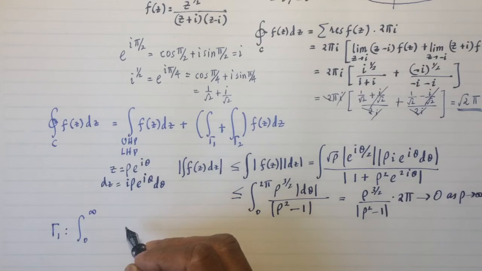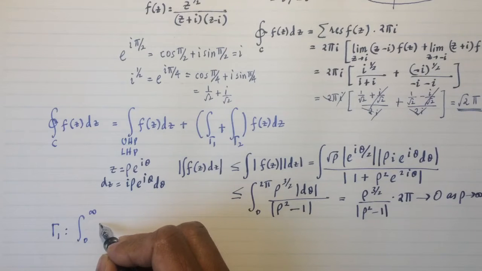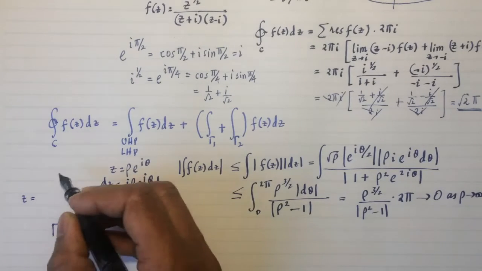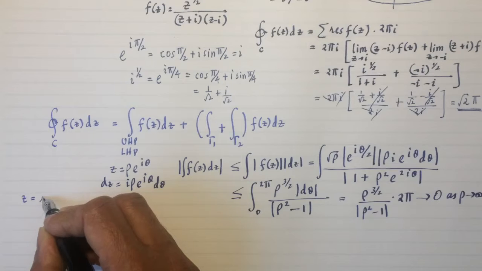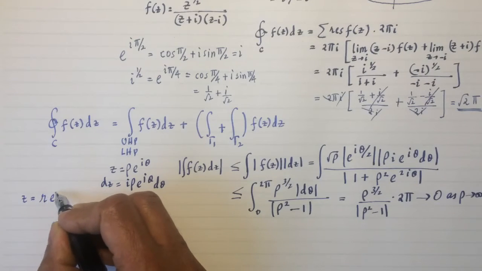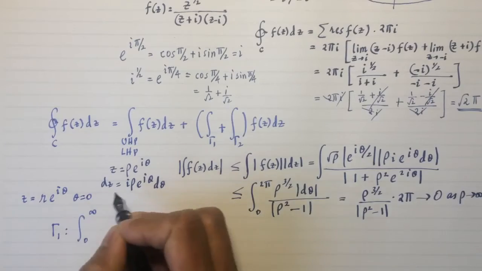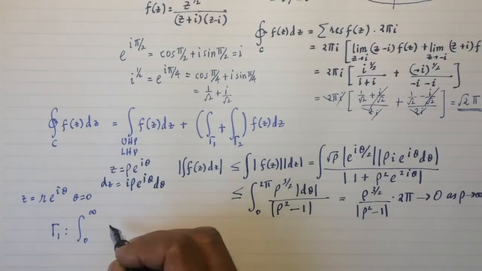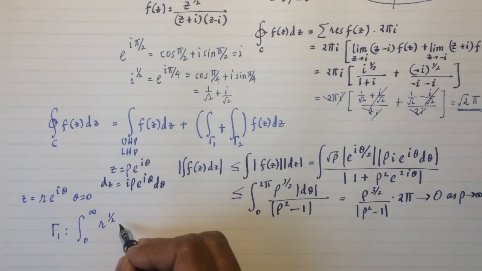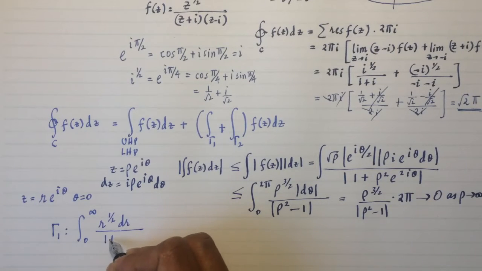I'm going to put z equals r e to the i theta, with theta equal to 0, because you want this to be along the x-axis. So that's going to give me r to the half dr over 1 plus r squared.